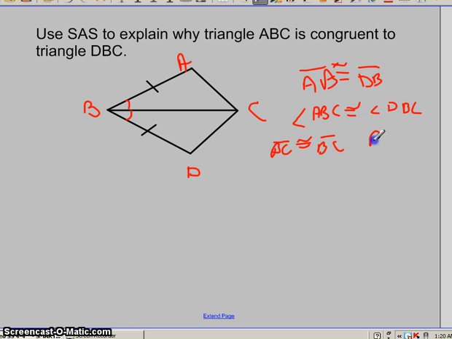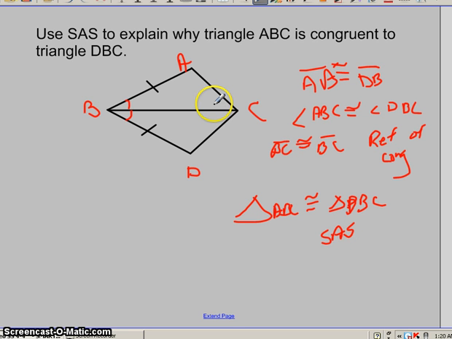And again, that's that reflexive property of congruence. And then we can make our triangle statements. Triangle ABC is congruent to triangle DBC, and that's by the SAS, or side angle side postulate.